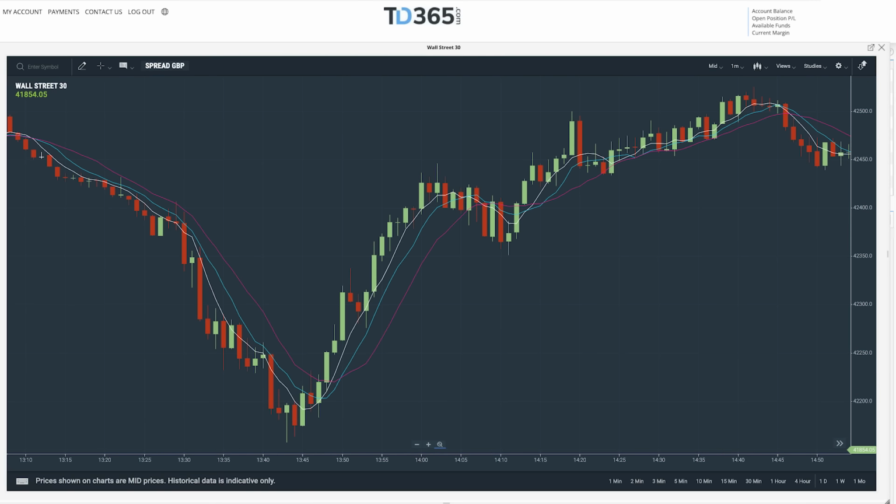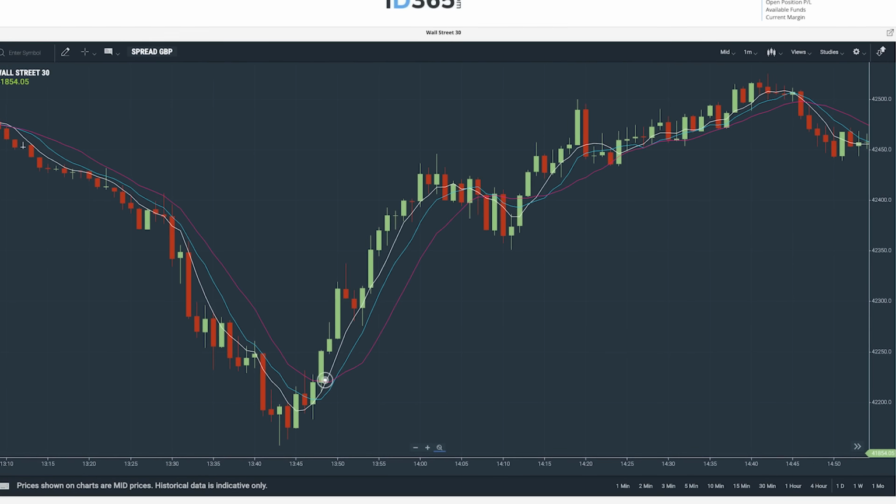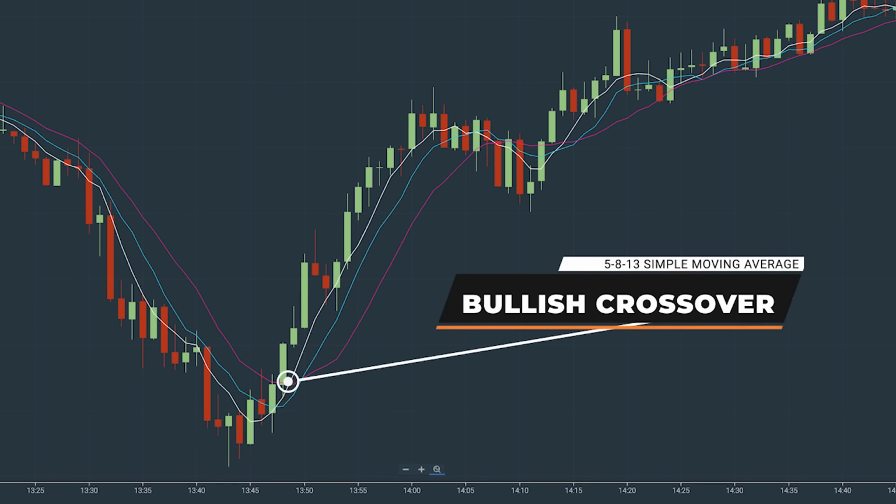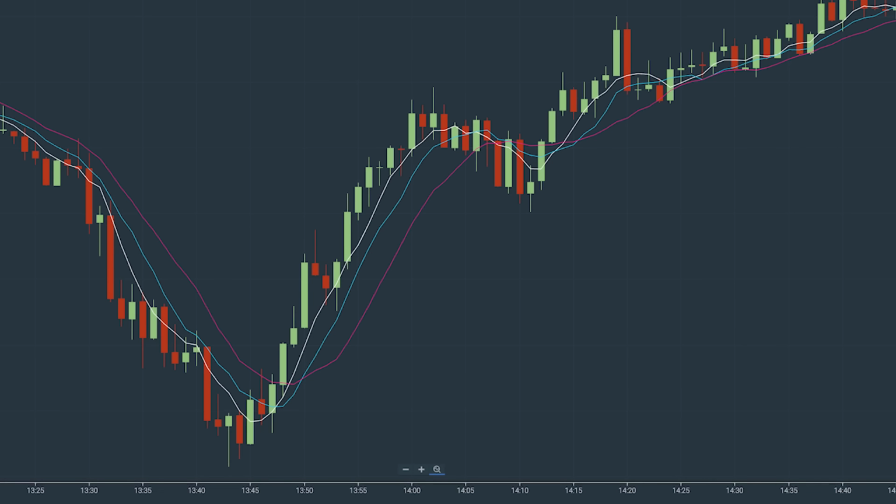So to scope out a new trend, we look for where the shorter term moving average line crosses over a longer term moving average line. So in this case, when the 5-day SMA crosses over the 8 and the 13-day SMA. This indicates a potential trend reversal and could signal a buying or selling opportunity. So in an uptrend, we would look at the price action and make sure that the candles are consistently above the 3 SMA lines.